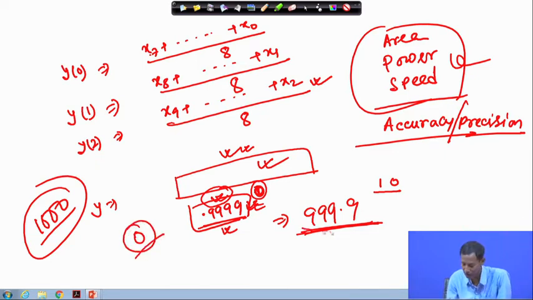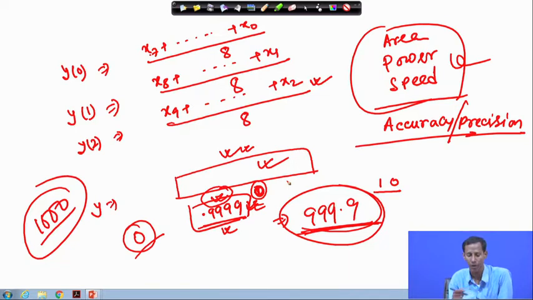That means this is the error which I am accumulating. Whenever we run in a loop, in each stage I get an error, and however many times I run that loop, that much error I will accumulate finally.